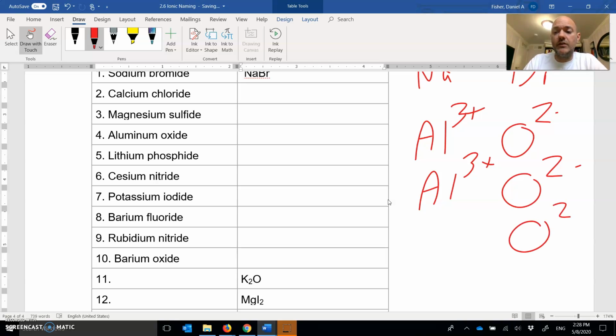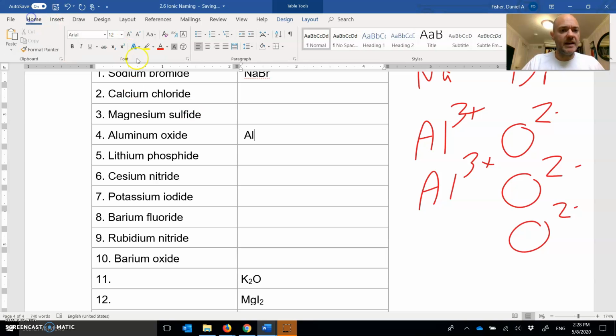But if I add another one, I'm going to have 2, 4, 6- to go with 3, 6+. So that's how I can neutralize out. And then when I go to write the formula for this, I am going to write it out Al, and come back here to my subscript 2, come back to normal writing, O3.